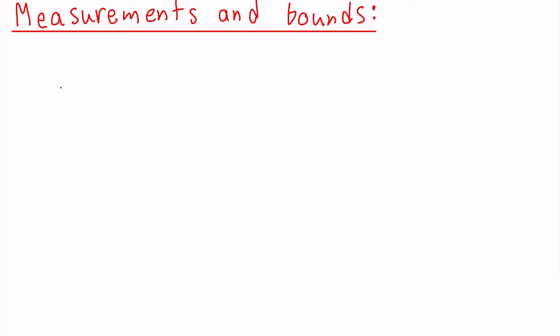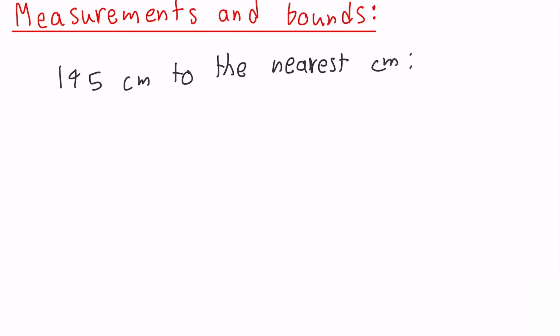So the example is 145 centimeters to the nearest centimeter, and it's telling us to find the lower bound and the upper bound. Sometimes they might not give you the nearest centimeter, but you could easily find it out as this number is a whole number.